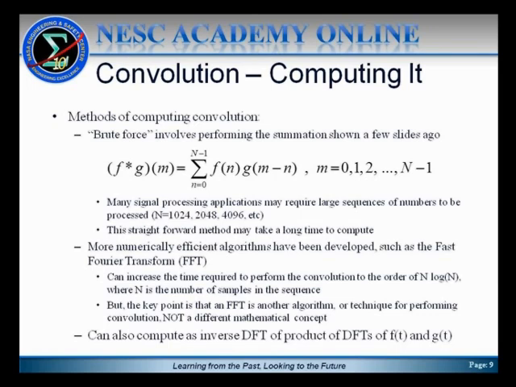And many digital signal processing applications require very large sequences of numbers to be processed. Usually they're like 1024, 2048, 4096 points, etc. Since that calculation is proportional to n squared, if n is a large number, n squared is a lot of calculations, and it can take an extremely large time to compute. Also, one thing to point out that will be instrumental in the discussion today: notice the n's that I gave as examples, 1024, 2048, 4096.